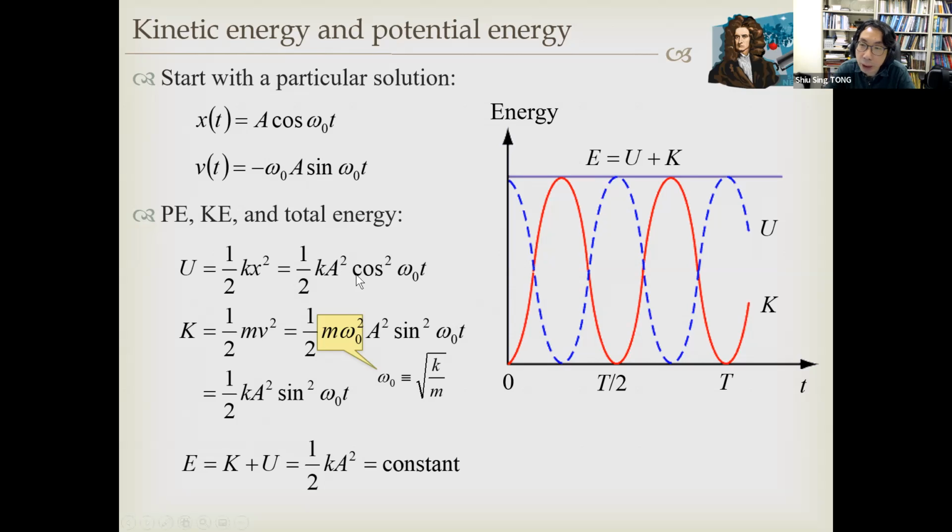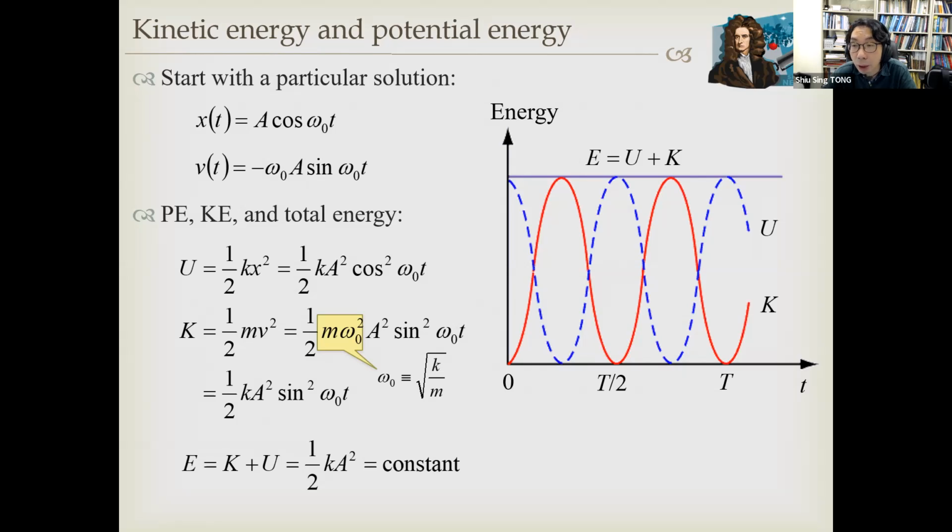Now, it's interesting to note that the energy goes as the square of the amplitude. It is not directly proportional to the amplitude, but it's proportional to the square of the amplitude. Now, this is a very general feature. It's not specific to this kind of oscillation. In fact, you will find that in most of the linear oscillations that you learn in this course and also in a senior course in mechanics, the energy, no matter if it's potential or kinetic energy, is proportional to the square of the amplitude.